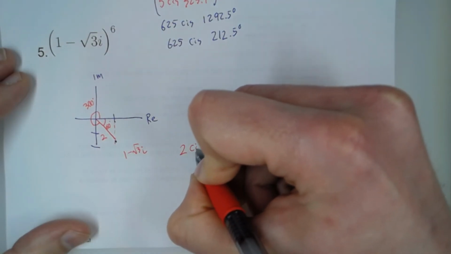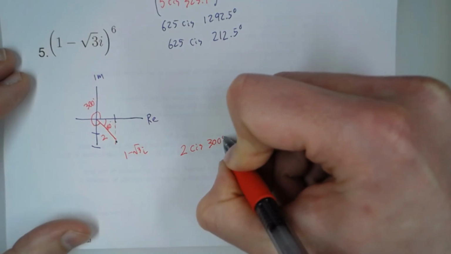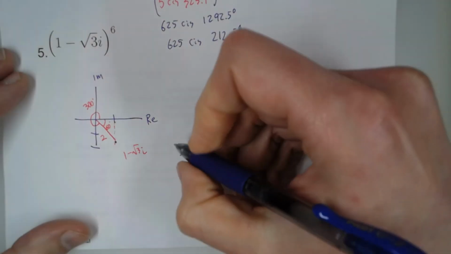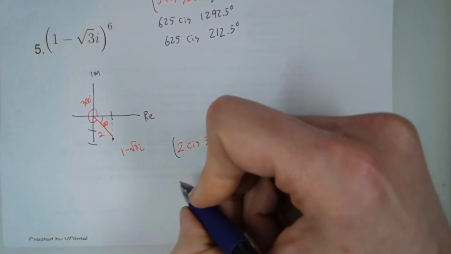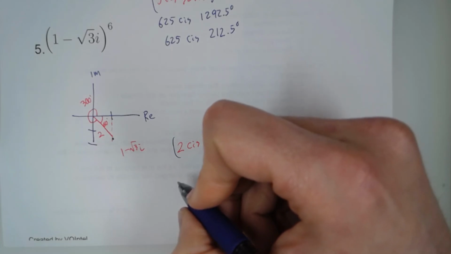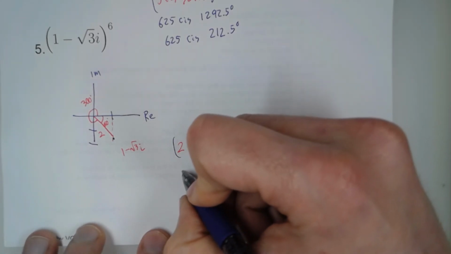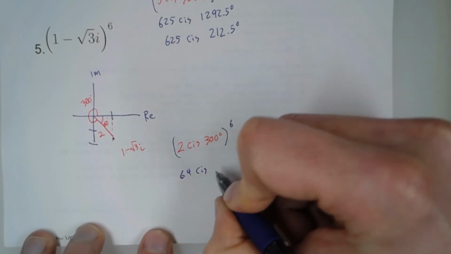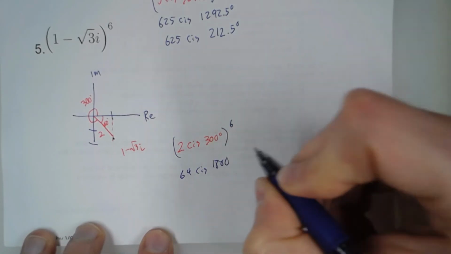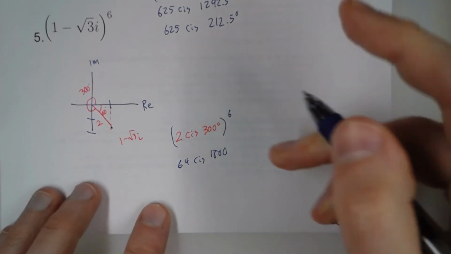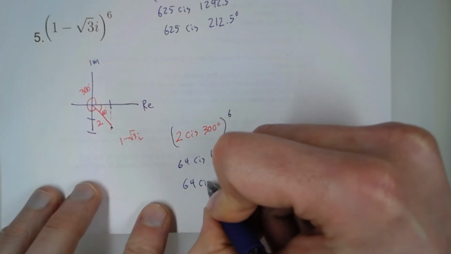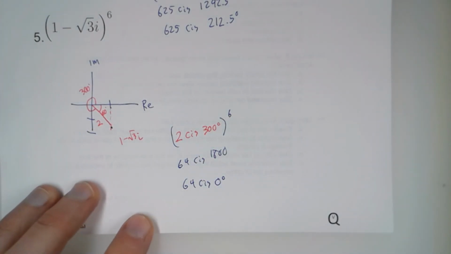So we have 2 CIS 300 degrees, but that's being raised to the 6th power. So I have 2 to the 6th power, and then I'm going to take 300 and multiply by 6. So I have 64 CIS 1800. And I'm going to have to definitely subtract 360 a couple times. And actually, I get 64 CIS 0 degrees.